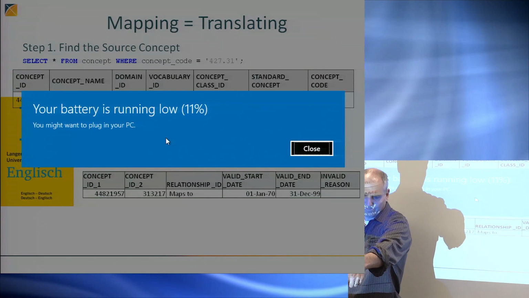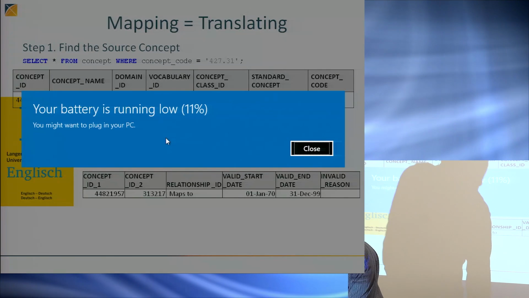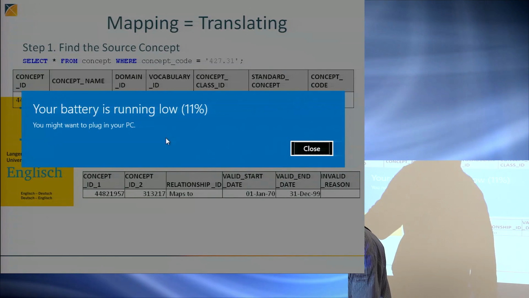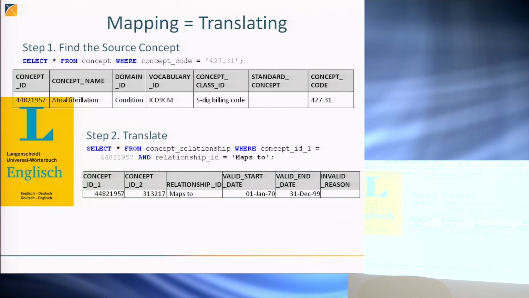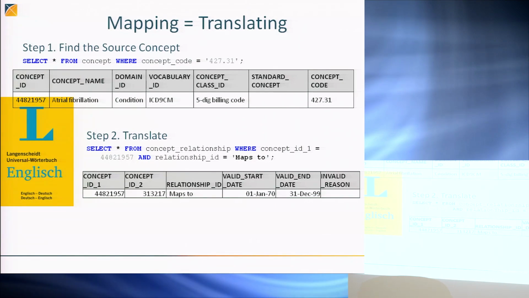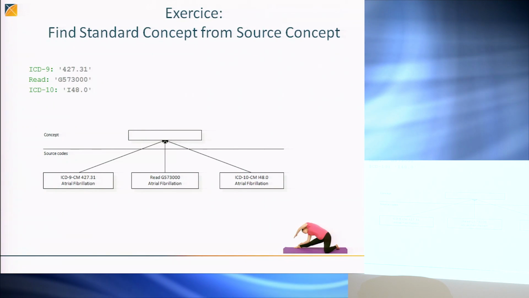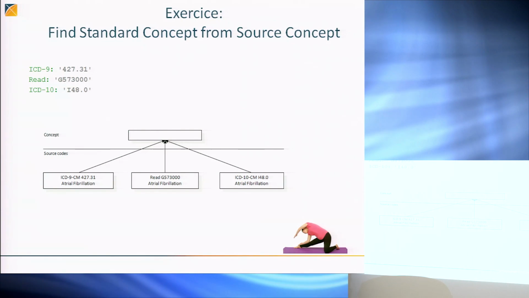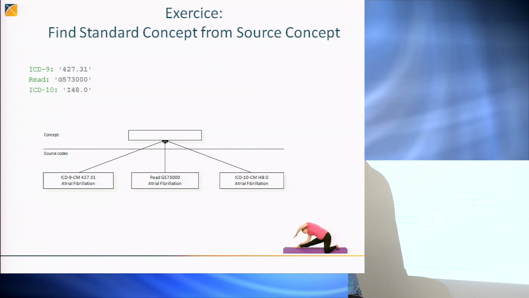So if you put in the ICD-9 codes and then you say, what does it map to? It maps to these SNOMED codes. Well, guess what? What else is also mapped to the SNOMED codes is the ICD-10 code. So by going to the standard concept code, you get anything that's mapped to it. And so you get the ICD-9 stuff, you get the 10 stuff. Beautiful segue. You're going to do exactly that in an exercise right now.